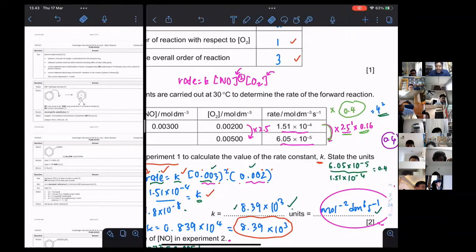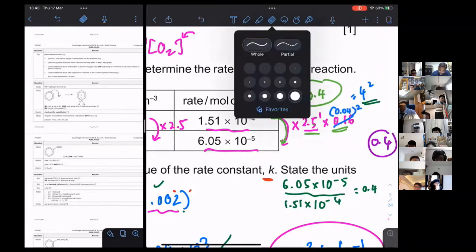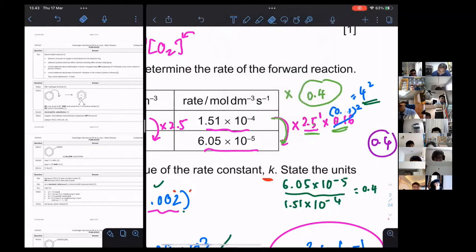Square root of 0.16 is what? 0.04? Yes. Okay, so I will write this 0.04 to the power. Wait, 0.4. Yes, 0.4. Sorry. Yeah, correct. 0.4. Okay, then you will get that.